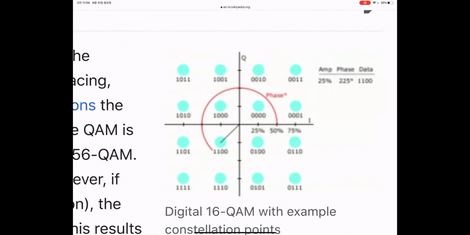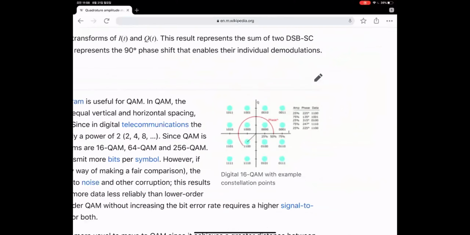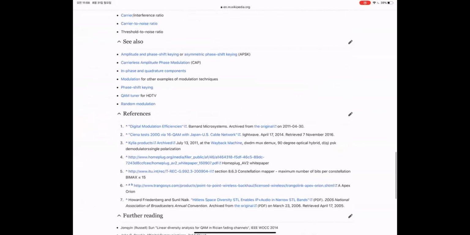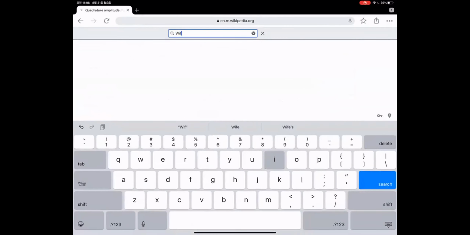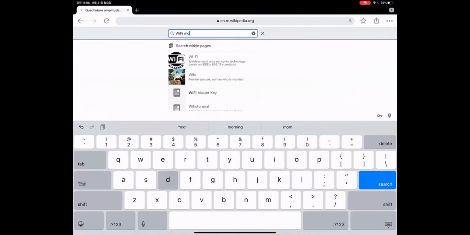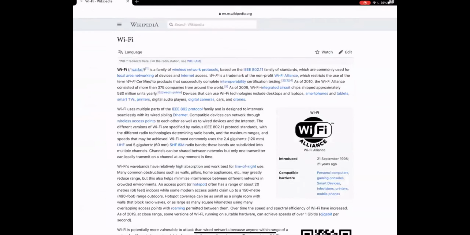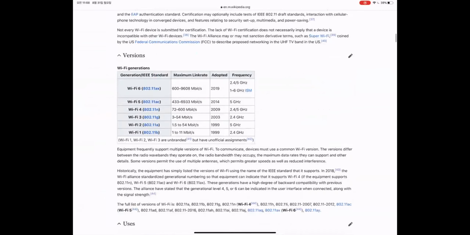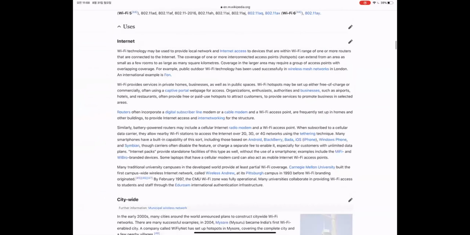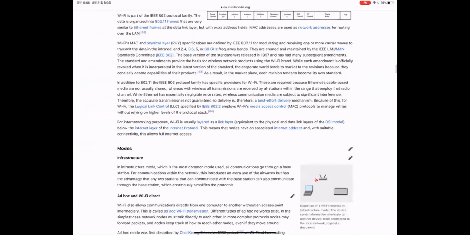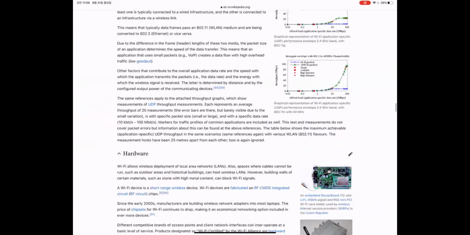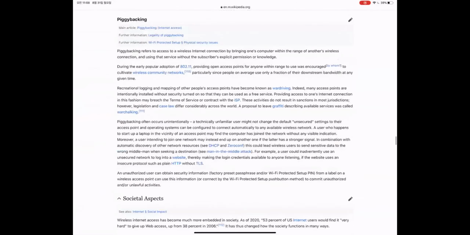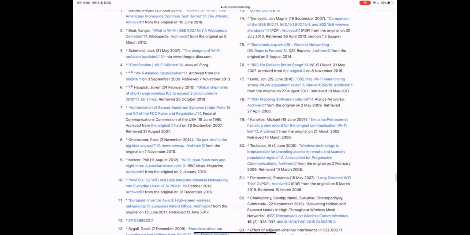This is a typical QAM pattern, and I may have a more complex QAM pattern. And let's go to the Wi-Fi modulation.